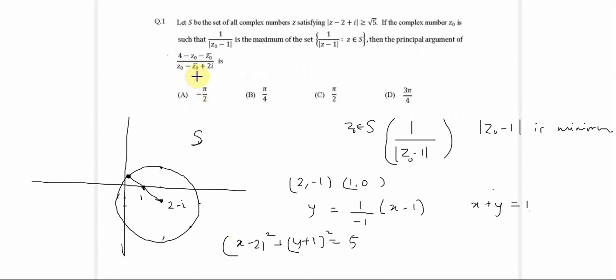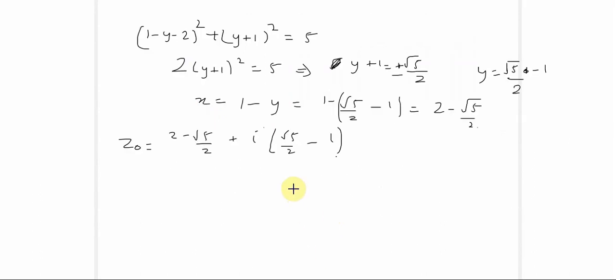So z0 plus z0 conjugate is 2 times the real part of z0. Similarly, z0 minus z0 conjugate is 2i times the imaginary part of z0. So that gives us z0 plus z0 bar is 2 times 2 minus root 5 by 2, which is 4 minus root 5.